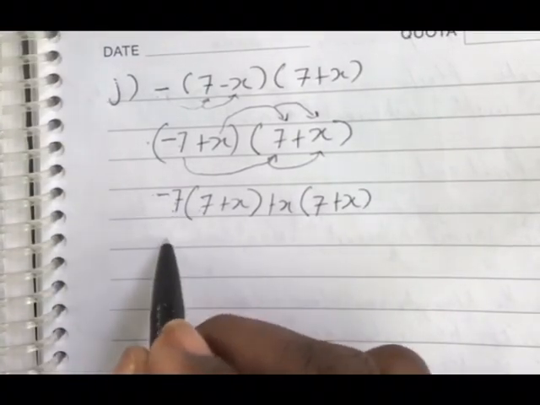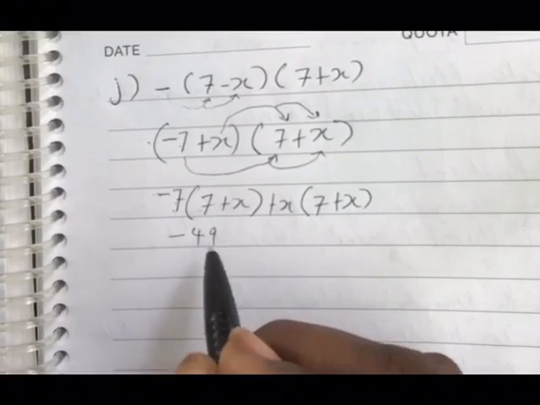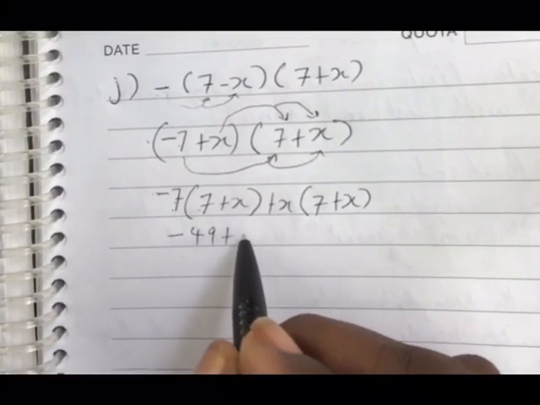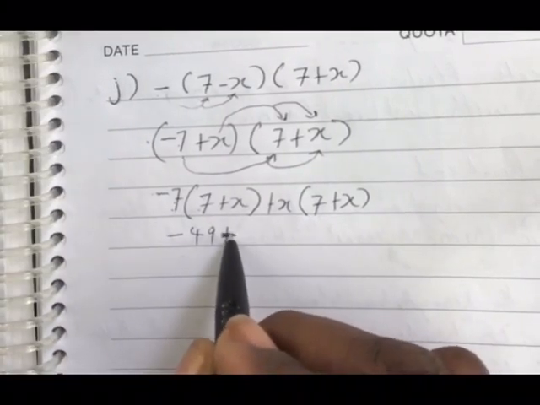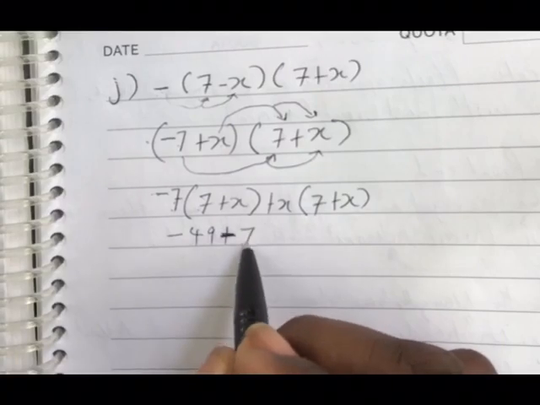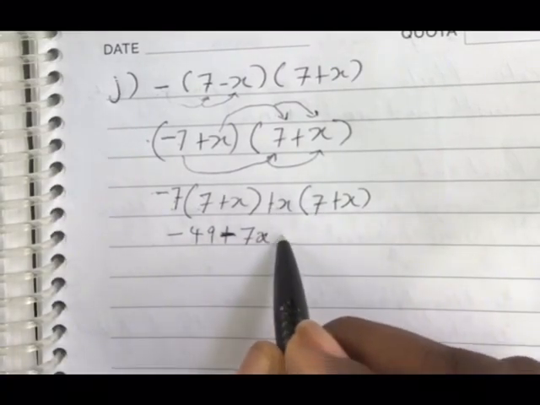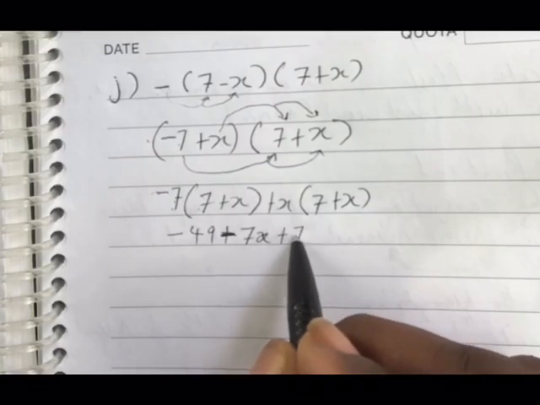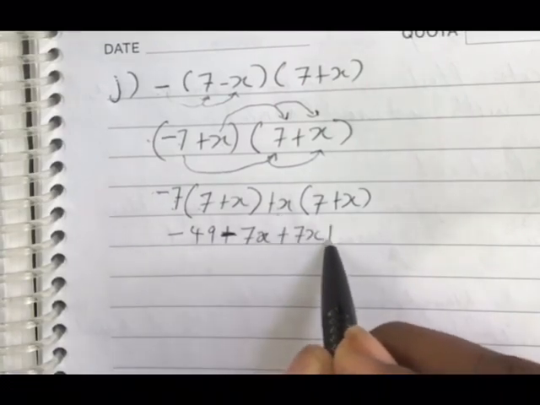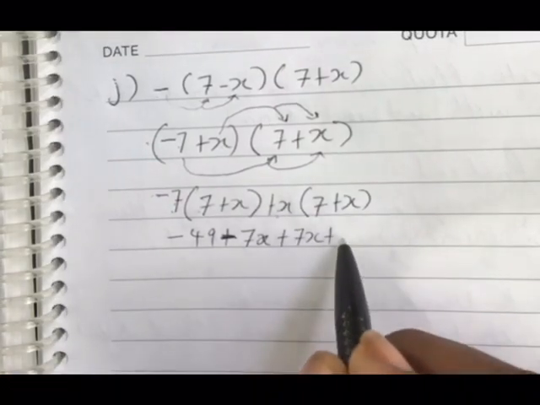Open the bracket: negative 49 minus 7x. Open the second bracket: we have 7x plus x raised to power 2.